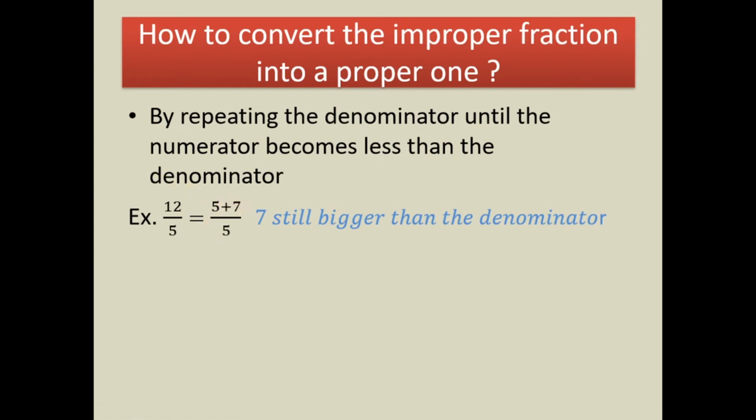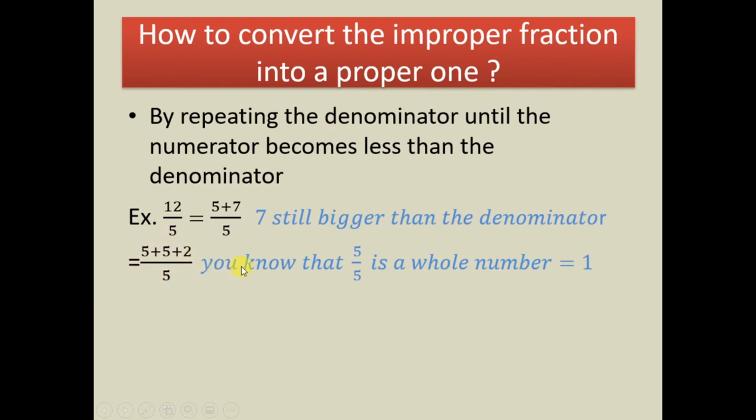However, 7 here is still bigger than 5, so it still gives me an improper fraction. So again, I have to repeat the denominator again. So it will be 5, another 5, plus 2 equals 12. So 5 is equal to the denominator, and 2 here is less than the denominator. Now, these all are proper fractions.